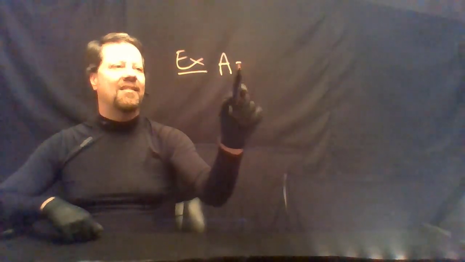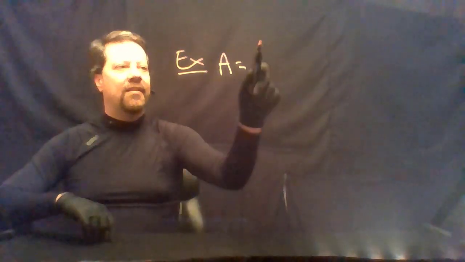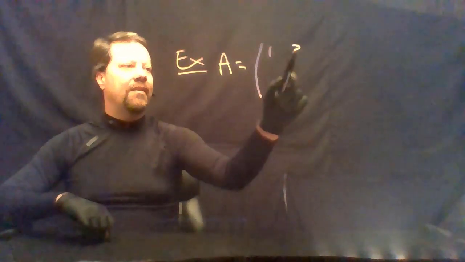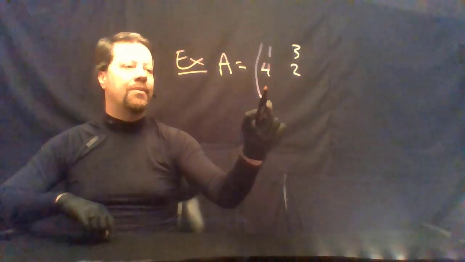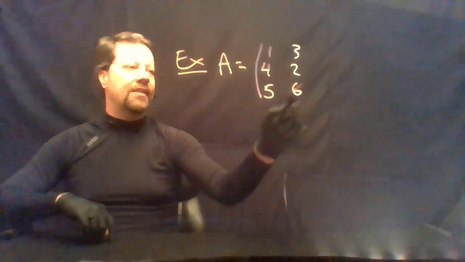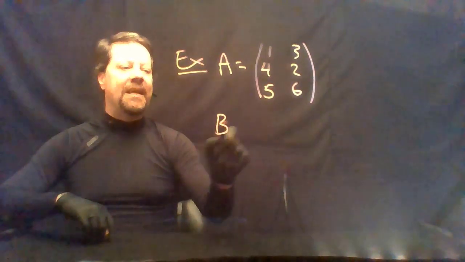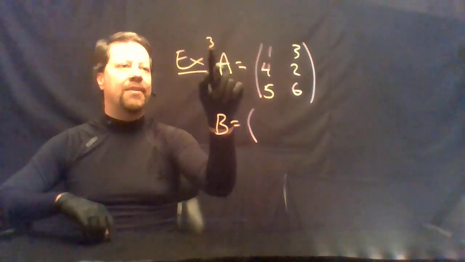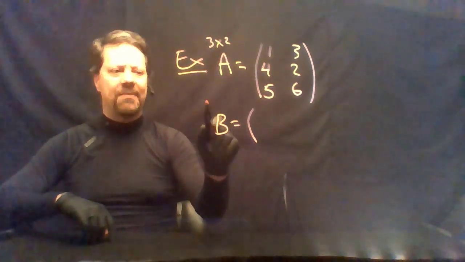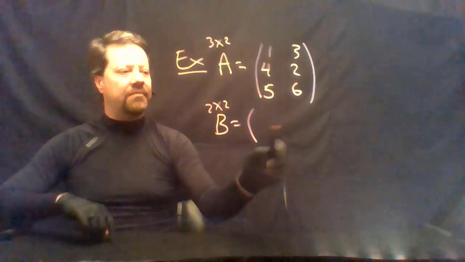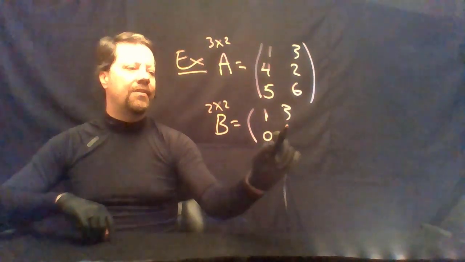Suppose A is the 3 by 2 matrix 1, 3, 4, 2, 5, 6. And B is the 2 by 2 matrix 1, 3, 0, 4.